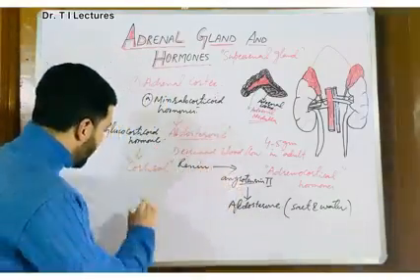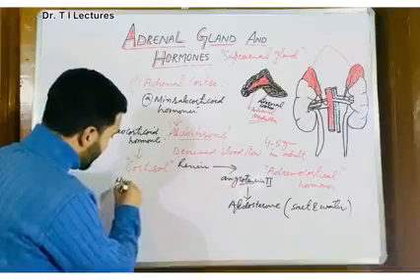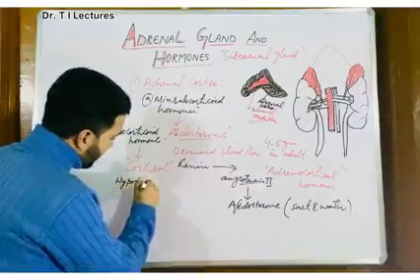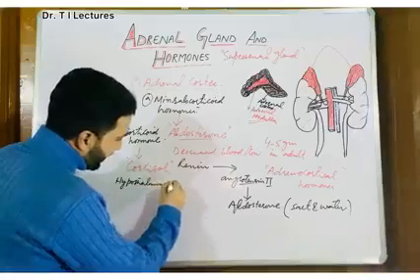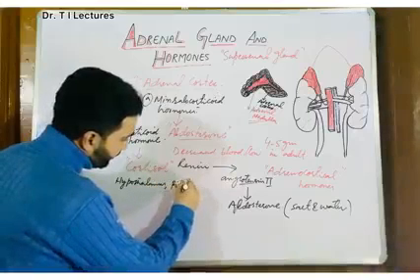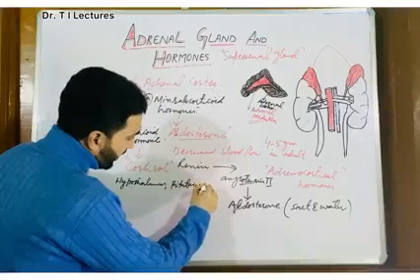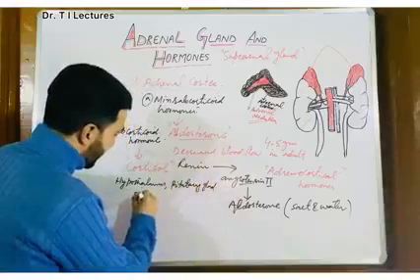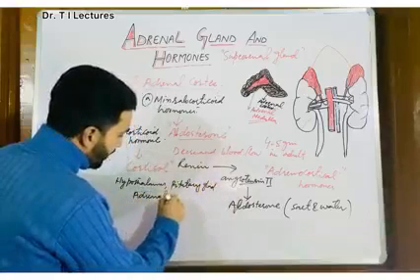One is the hypothalamus, another is the pituitary gland, and third is the adrenal gland.